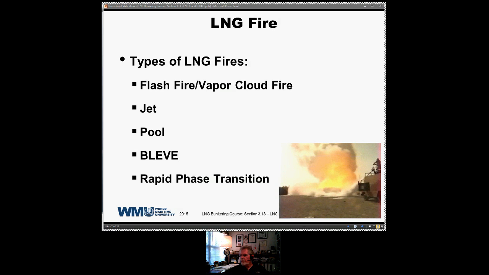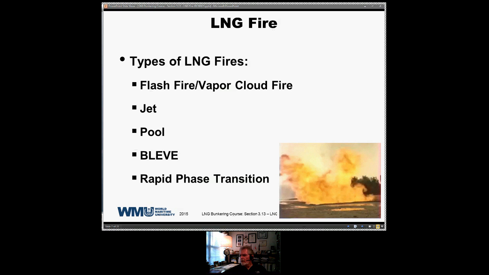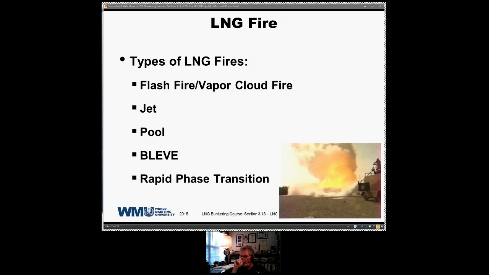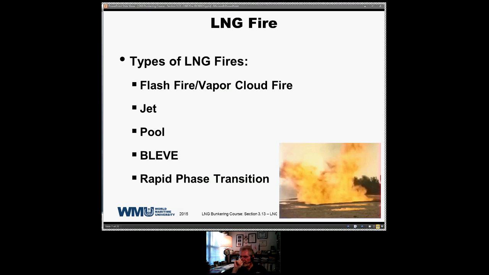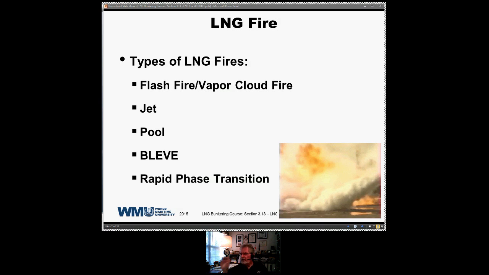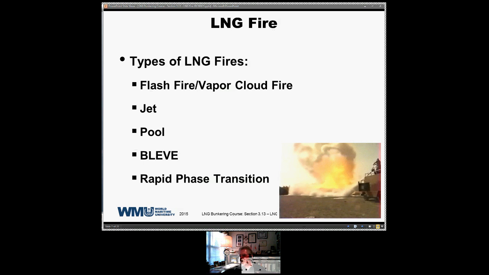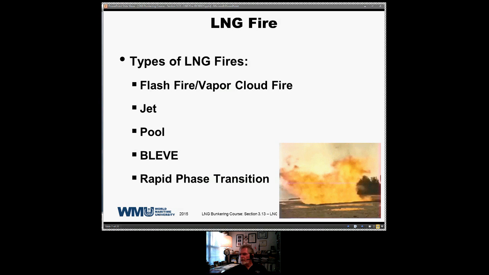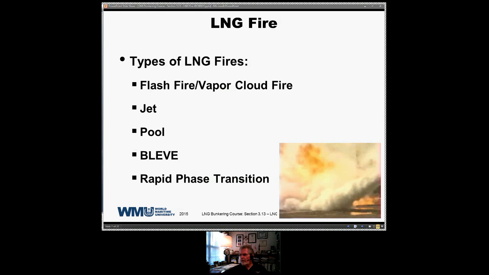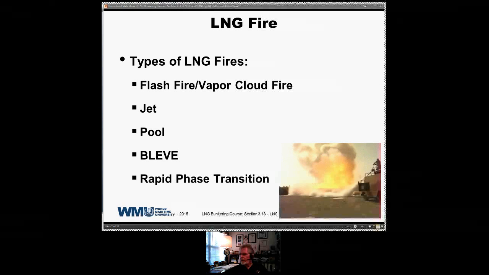As a matter of fact, if you watch this little video at the base of the slide, what you see here is an LNG pool fire. There's actually LNG in that pit, and what they're doing is spraying in water at a very, very high volume. And what happens right here is that the water actually hits the liquefied natural gas.